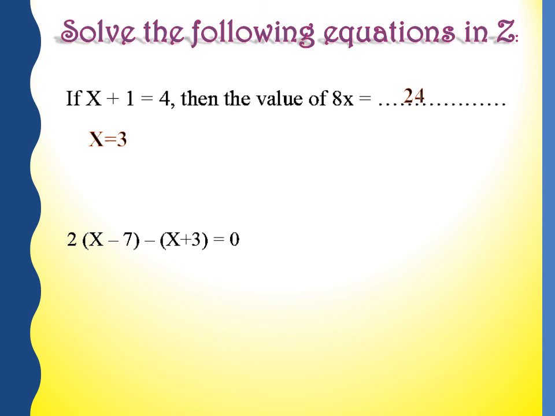Here we should break brackets first. 2 multiplied by both x and negative 7, 2x minus 14, and this negative 1 multiplied by both x and 3 to have negative x, negative 3. Collect like terms. 2x minus x equals x, negative 14, negative 3, negative 17, then x equals 17 and the solution set is 17.